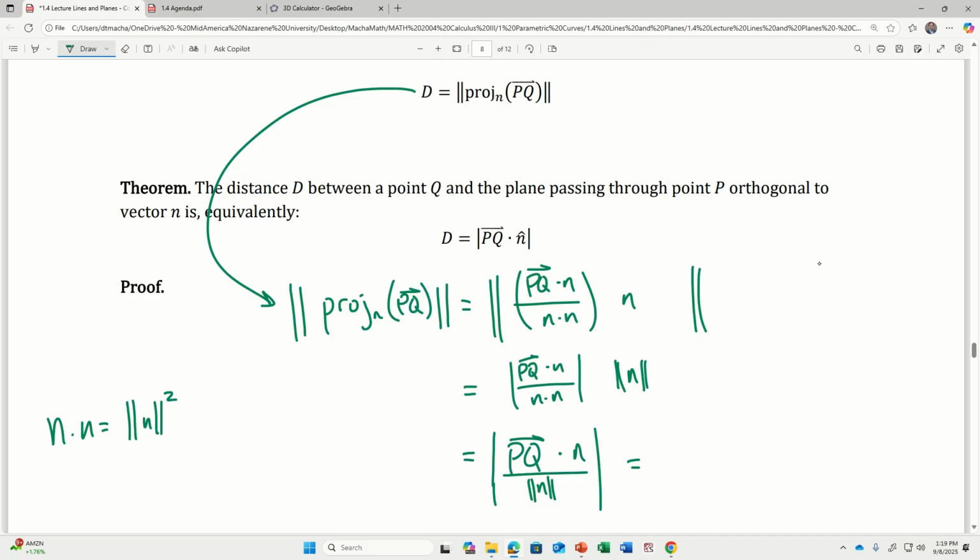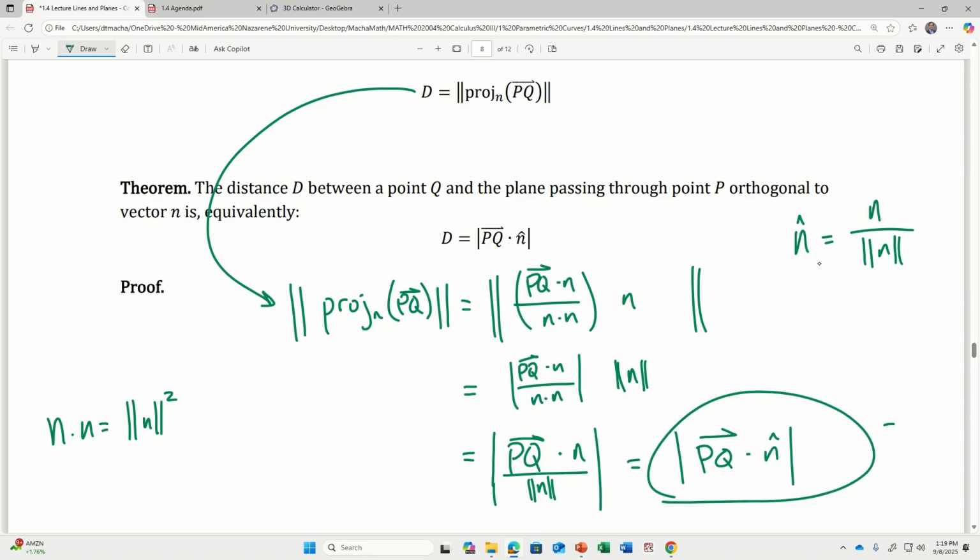And so one of them cancels. And then remember that n hat means it's a normalized version of n. So that's a formula for n hat. And I see n over n norm here, so that must be PQ dot n hat. And that's a formula for the distance. The distance between a plane and a point Q out in space that doesn't belong to the plane.